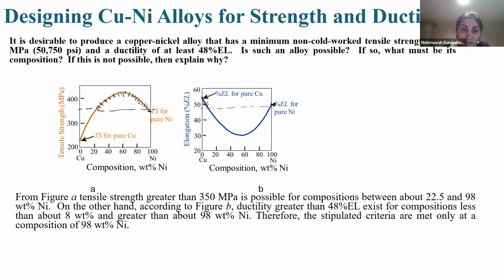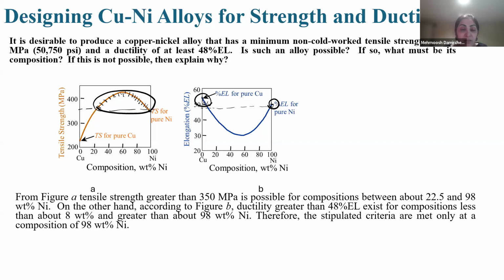So this region works for us, and this region too. But for tensile strength, this region works for us. Okay, from figure A, tensile strength greater than 350 megapascal is possible for compositions between 22.5 and 98% nickel, as you see in the region that I have shown here.